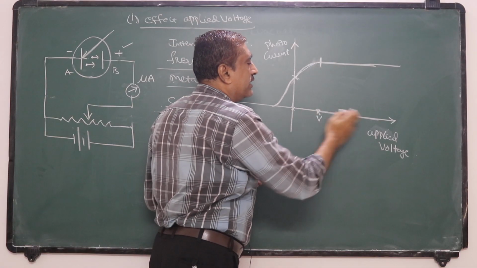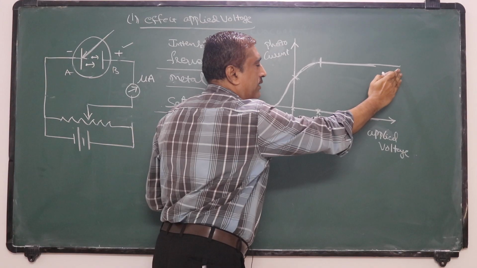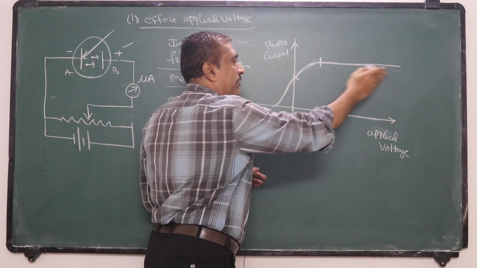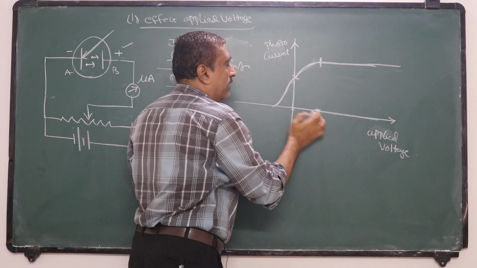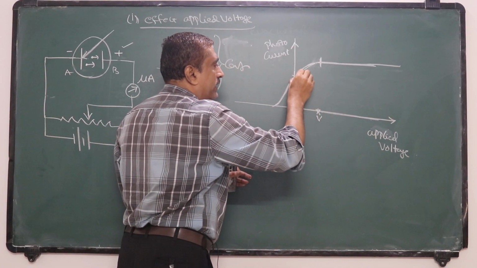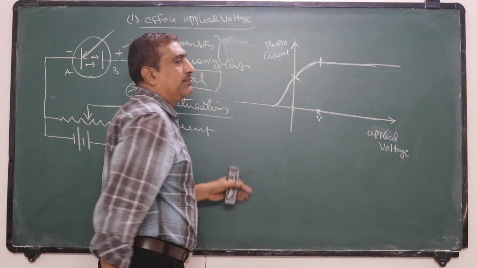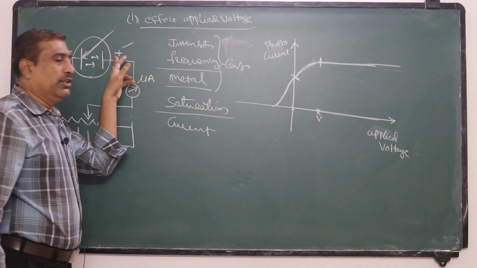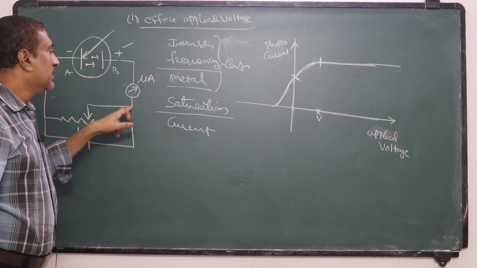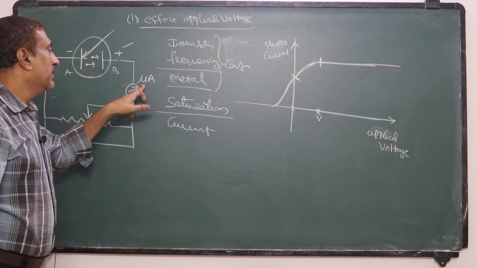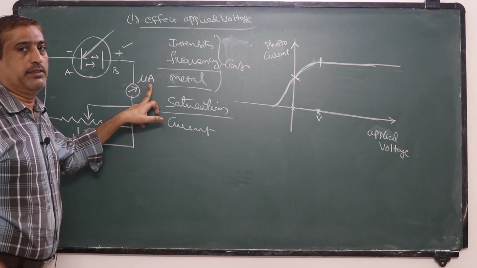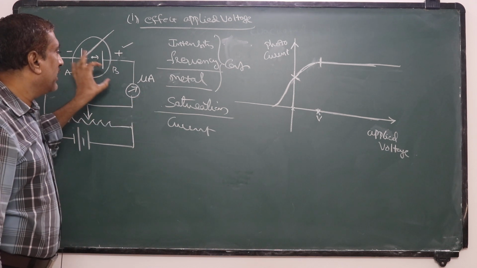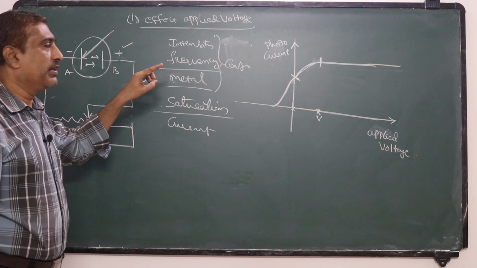Afterwards, further increase in voltage does not increase the current. Now if we decrease the applied voltage in the reverse direction up to 0, there will still be current. Even when the applied voltage is 0, current flows through this circuit, and this microammeter does not show 0 deflection.